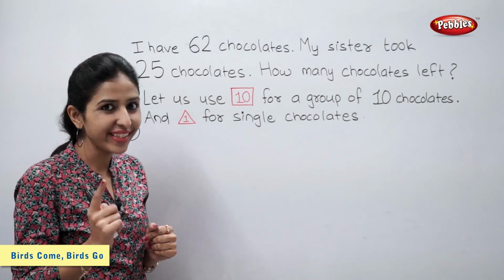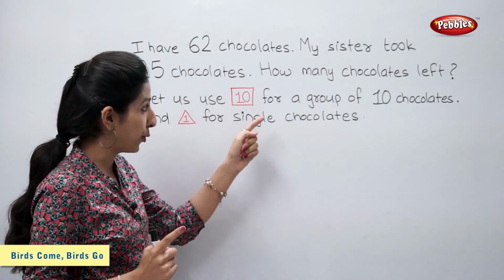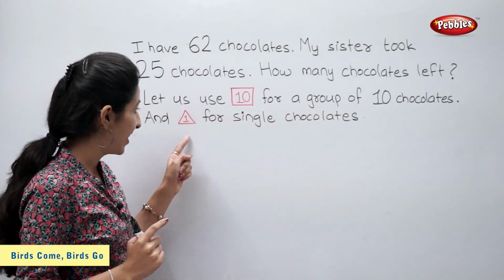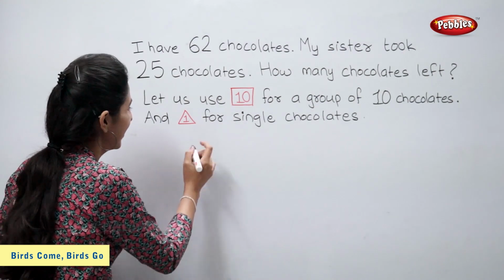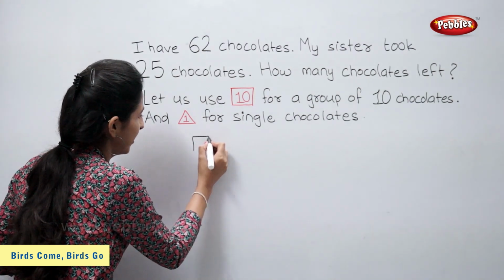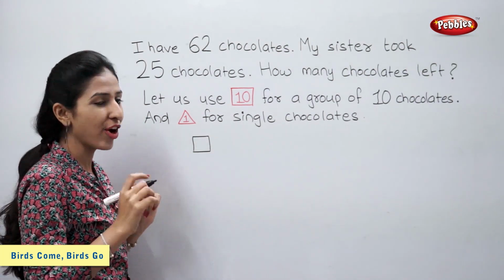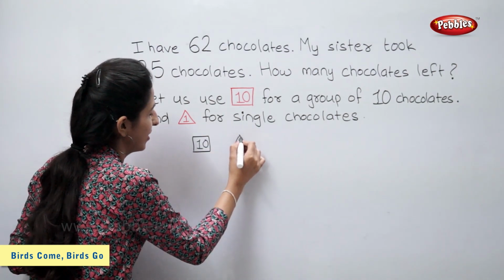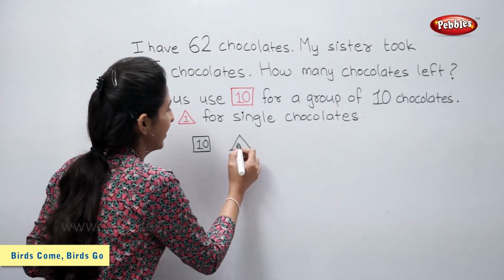So, for this example, a square means a group of 10 chocolates. A triangle means single chocolates.